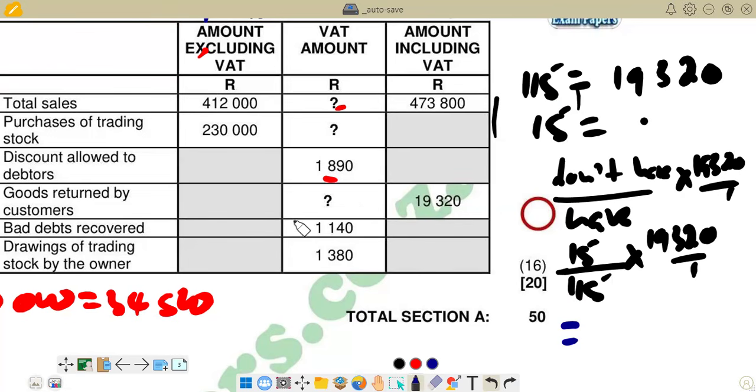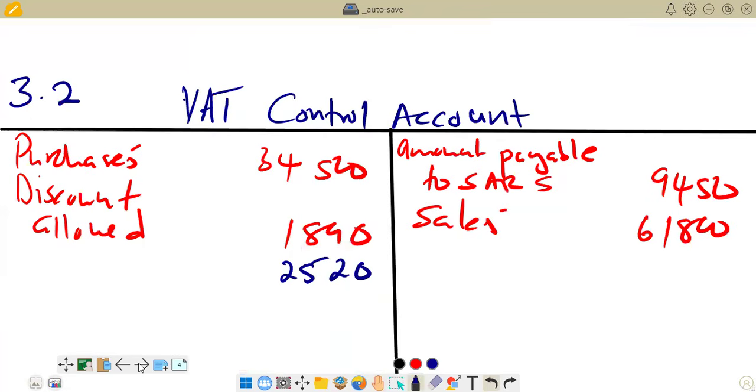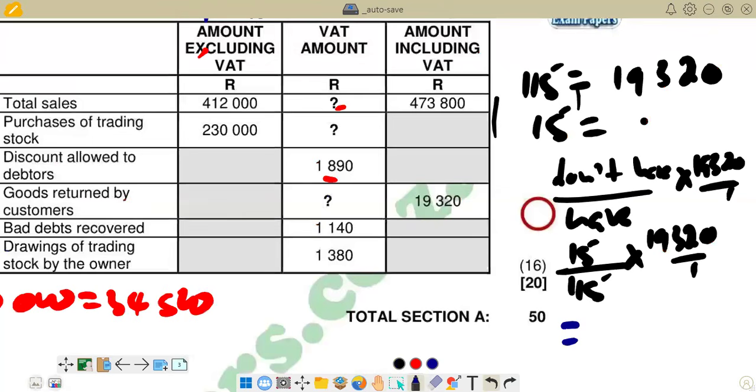Remember, sales are on the credit, so returns will come on the opposite side, on the debit side. Let's see on the answer section. We've got 2,520. These are sales returns.